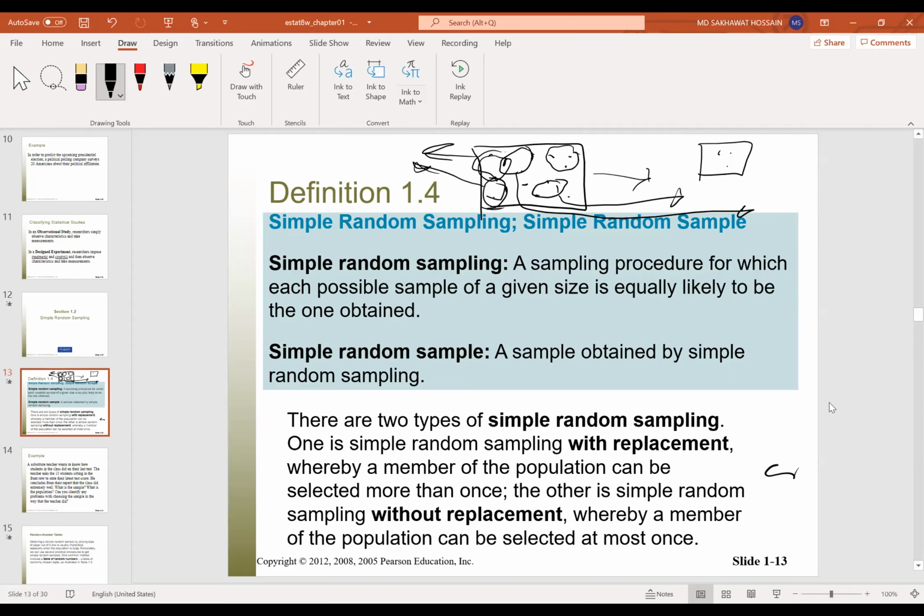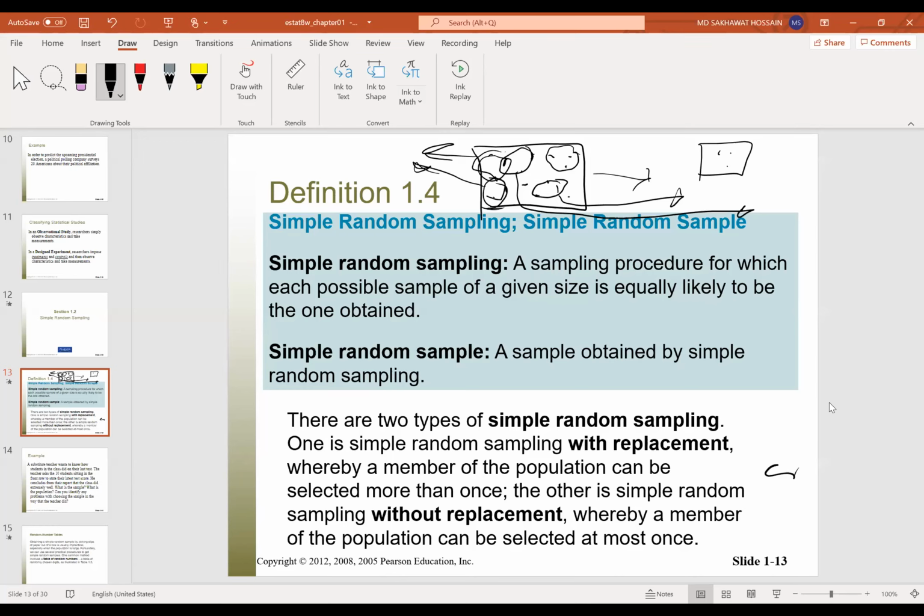sampling. So for example, we want to know the average score of the Math 2300 class, but we are not going to collect the information from each student. We'll randomly select 10 students from the class and ask them about their grade in the first exam, and then we'll calculate the average grade for those 10 students. So how can we collect the sample? We can just randomly select 10 students from the class, right?